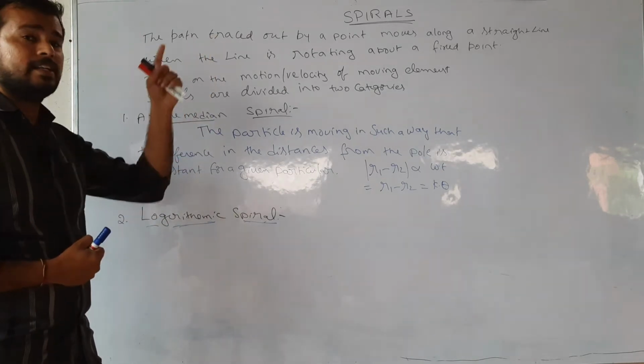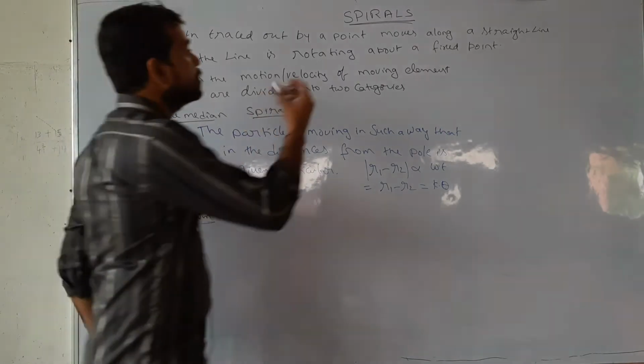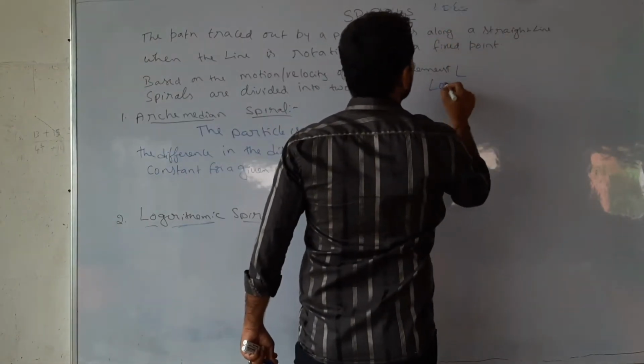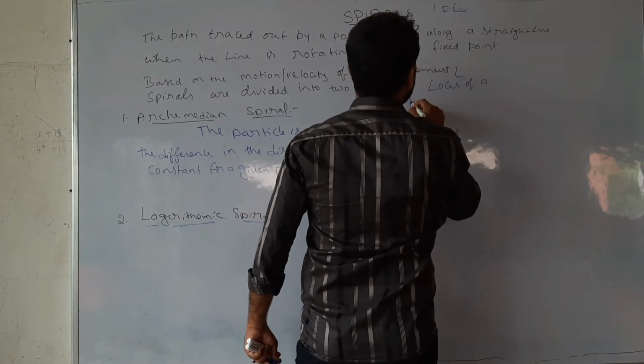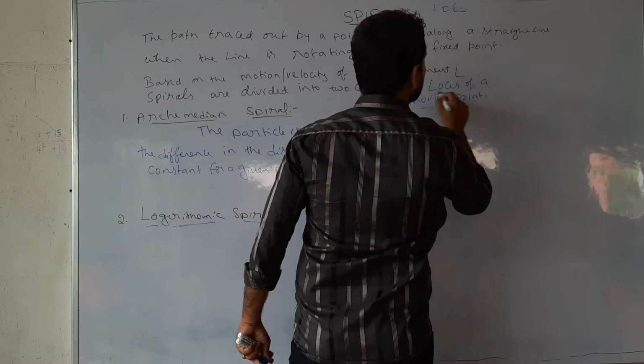Spirals means it is the locus of a moving point. It's most important: this is the locus of a moving point in short.